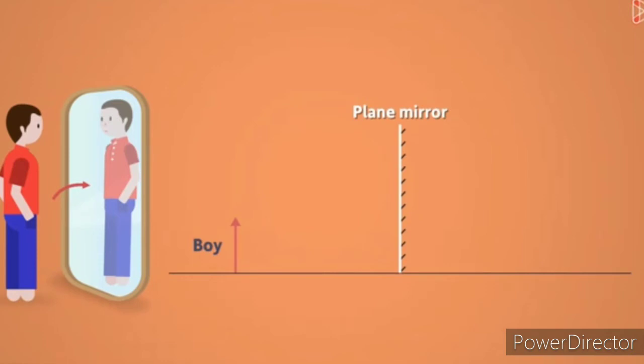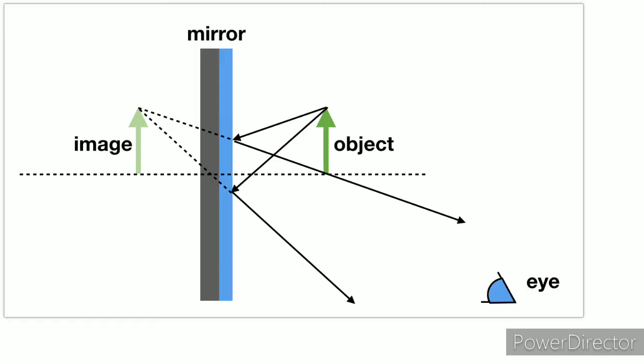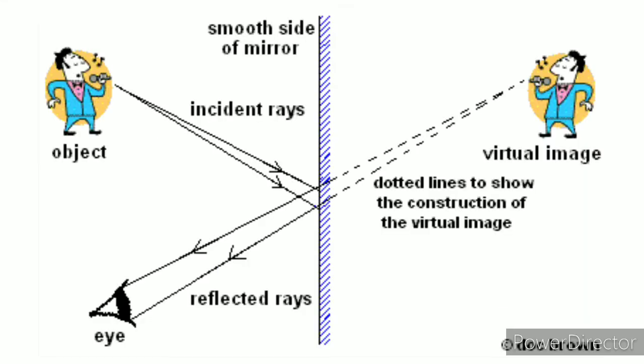Now, where is the image of the boy formed? When we see an image in the mirror, it seems to us that the image is formed somewhere behind the mirror. But there is nothing behind the mirror.